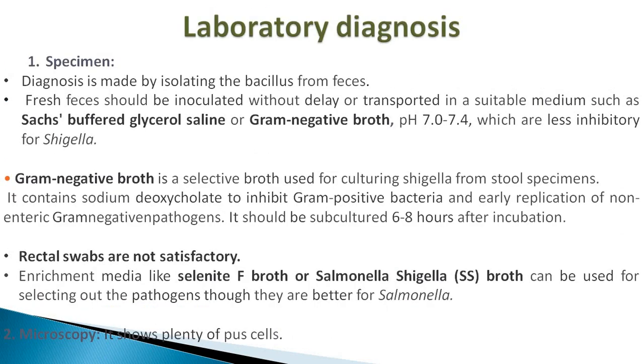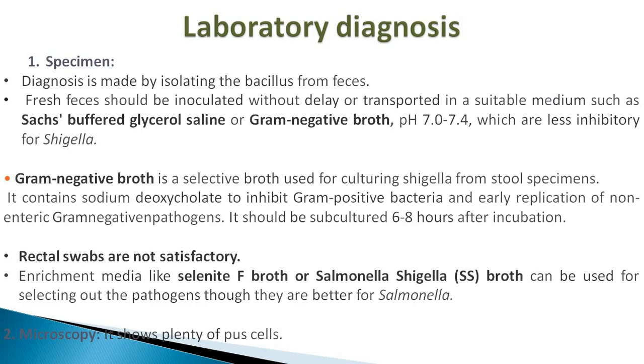Laboratory diagnosis. Diagnosis is made by isolating the bacillus from feces. Fresh feces should be inoculated without delay or transported in a suitable medium such as buffered glycerol saline and gram-negative broth, pH 7 to 7.4, which are less inhibitory for Shigella.